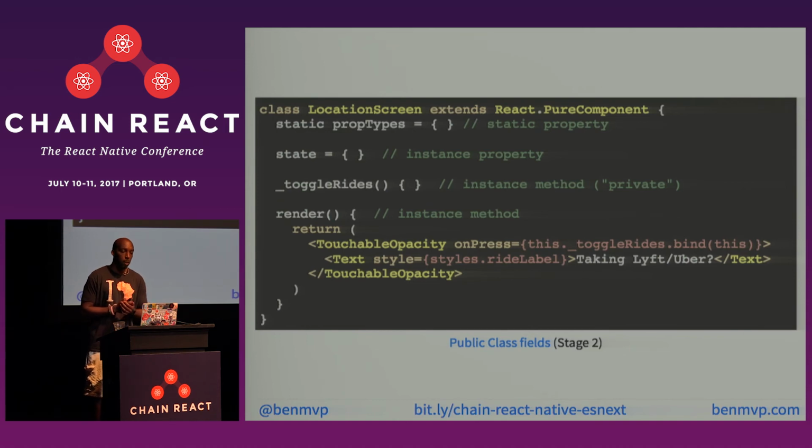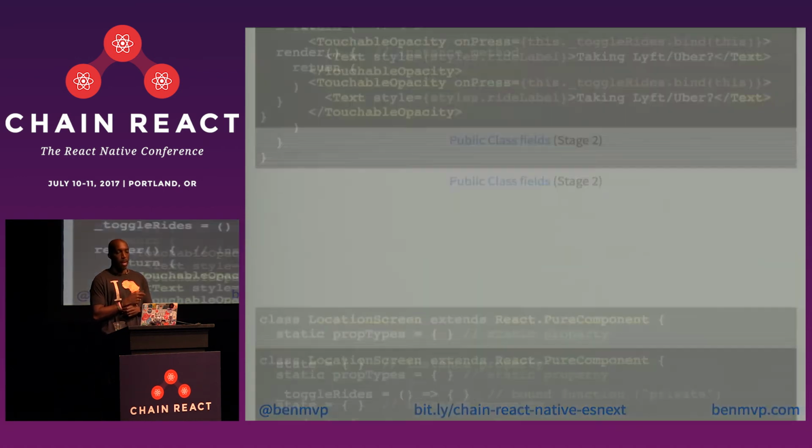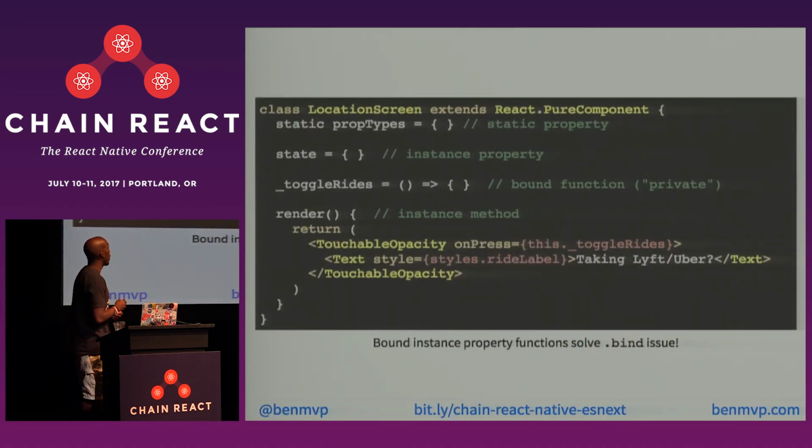So what folks have done is instead of having toggle rides be a true method on the class, they've made it a bound arrow function property. So it's now an instance property, just like state. It just happens to be a function that you can call. Because it's now an arrow function, and we learned that arrow functions have lexical scoping, you no longer have to bind this here because it'll have the proper this scope.